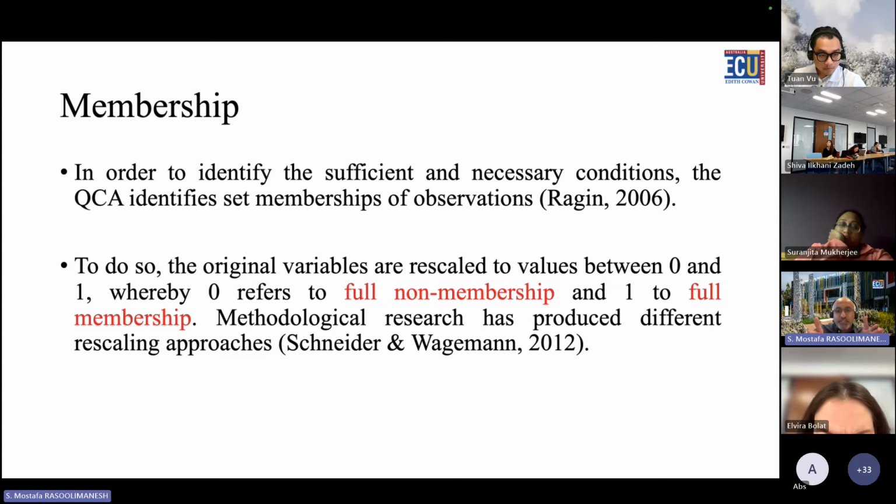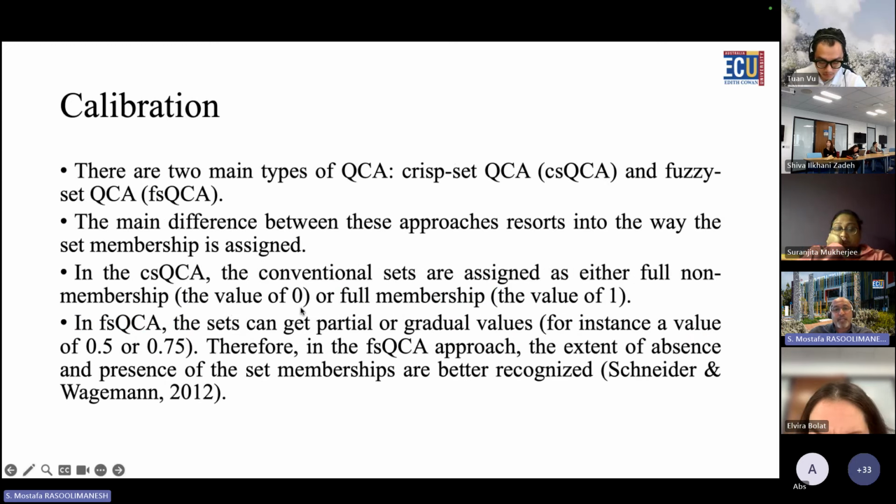So based on this, in the first step, we need to assign 0 and 1 to the data that we collected from respondents, for full non-membership and full membership. For this, we have to calibrate our data.